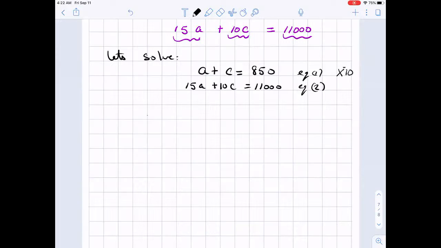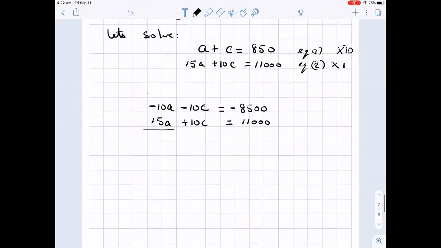So if we do that, we have -10A minus 10C is equal to minus 8500. The second equation we can just multiply by 1 because we're not changing anything. So 15A plus 10C is equal to 11,000. Remember we said we're using the elimination method.